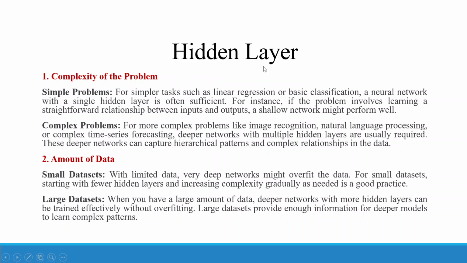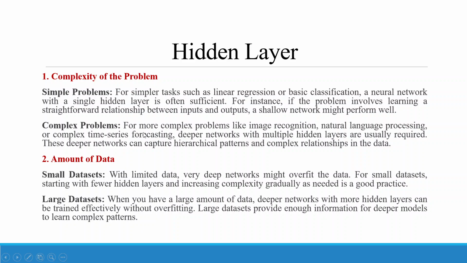The hidden layer. So how many hidden layers should be there? It depends on the complexity of the problem. Simple problem. For a simpler task such as linear regression or basic classification, a neural network with a single hidden layer is often sufficient. For instance, if the problem involves learning a straightforward relationship between inputs and outputs, a shallow network might perform well.